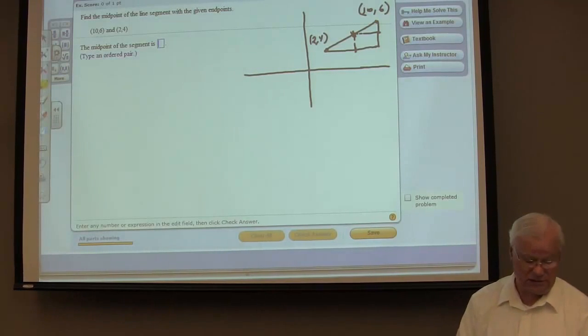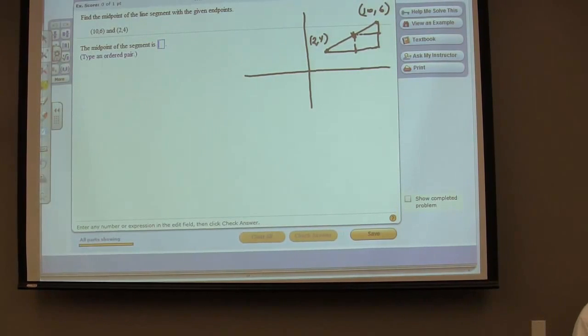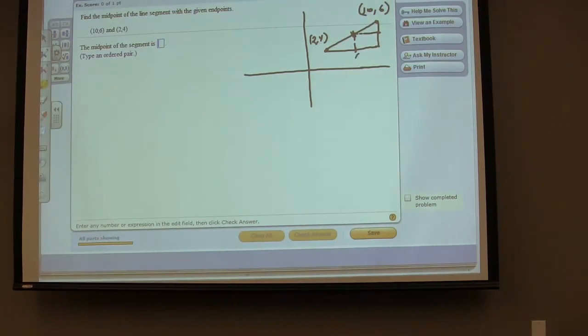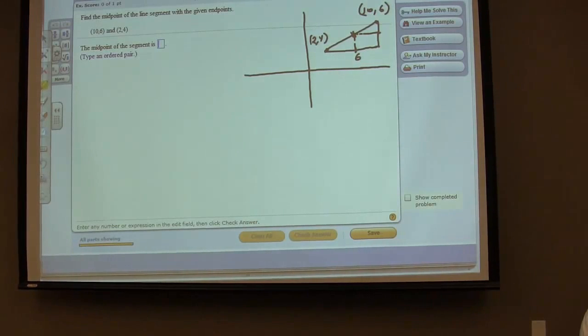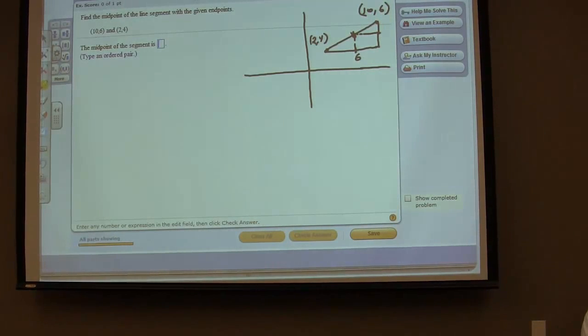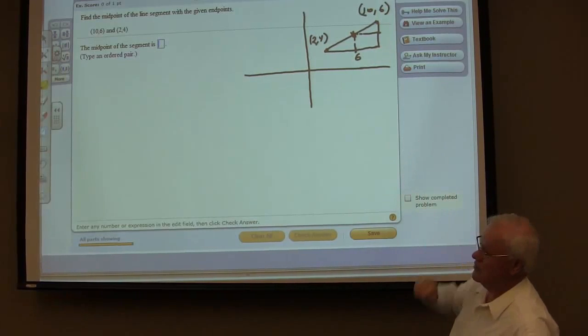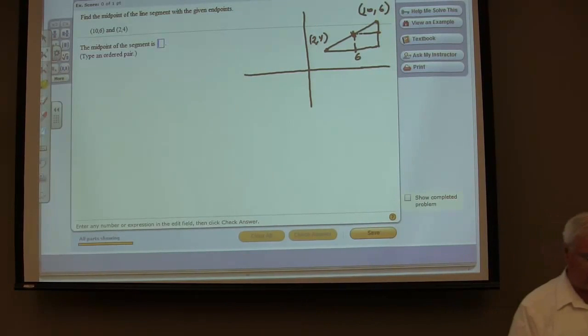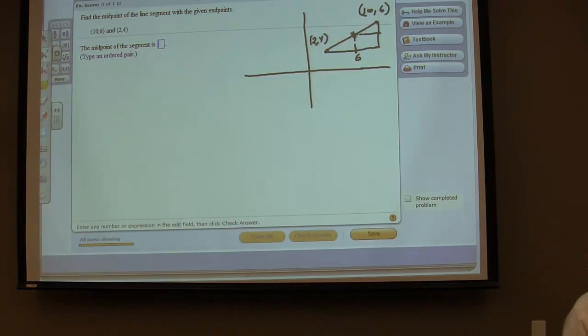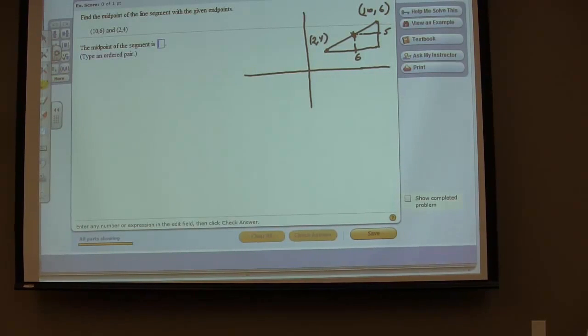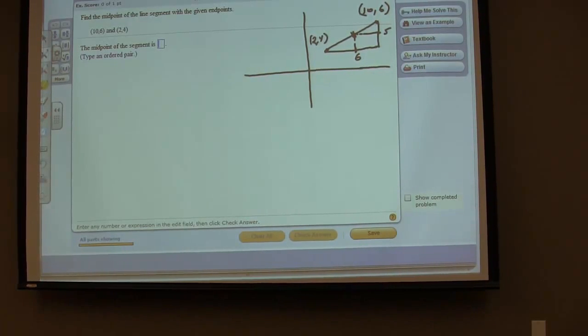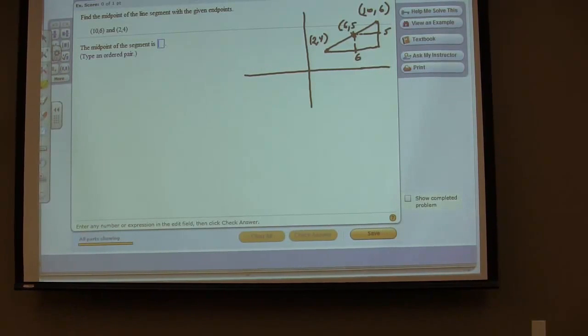Divided by 2 is 6. So this point right here is 6. And if I do the same thing vertically, the y's went from 4 to 6. 4 plus 6 is 10, half of that is 5. I think you can see 5, of course, is halfway between 4 and 6. So this point that we're looking for here then is the point 6, 5.